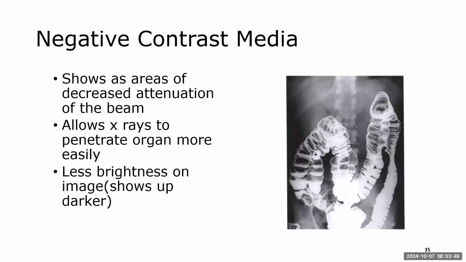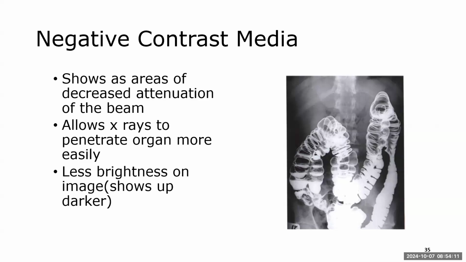Negative contrast media shows as areas of decreased attenuation of the beam. So it allows X-rays to penetrate the organ more easily. So when you add air into a colon, it works sort of like a balloon. It expands the colon out from being compressed down on itself.